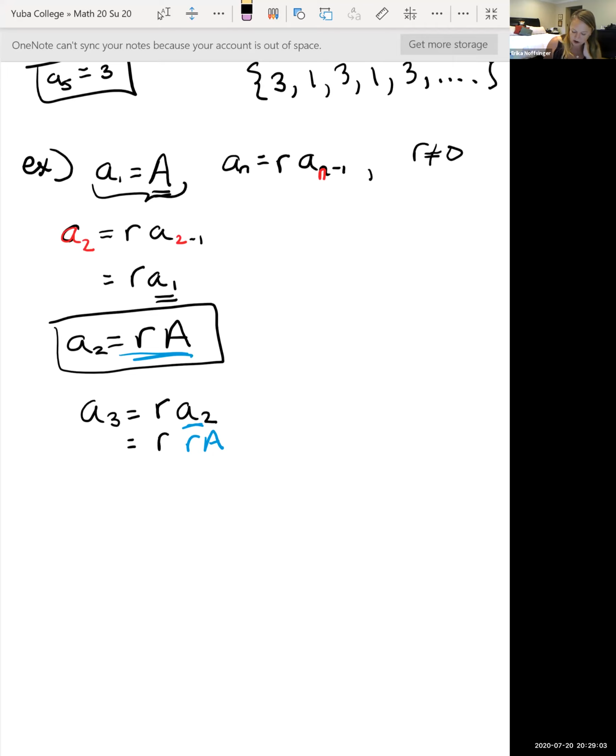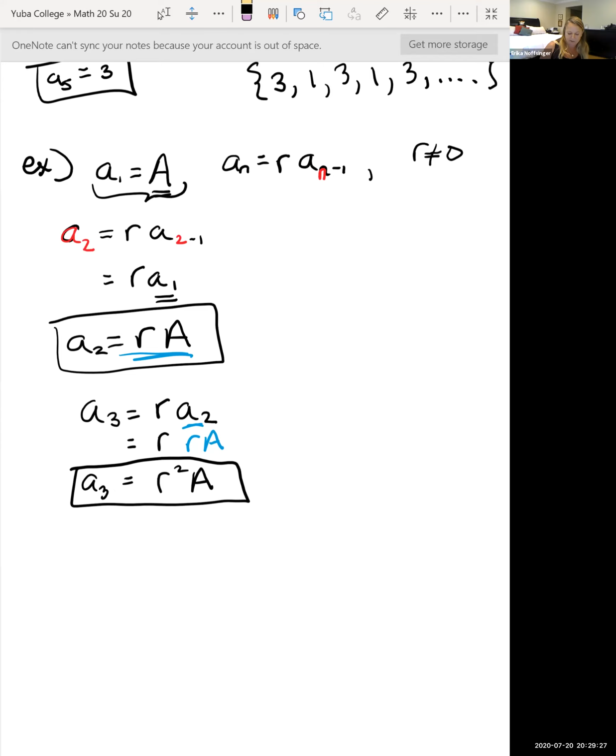So this is equal to r times r, which is r squared, capital A. Wait, no, that was a sub 3. Sorry about that.